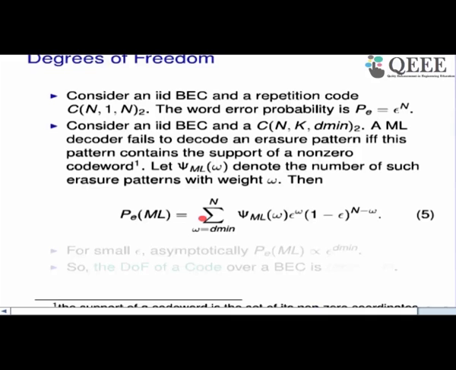Now, as epsilon becomes small, you see the second term tends to 1 as epsilon tends to 0. So what will be left is the epsilon to the power d min term.